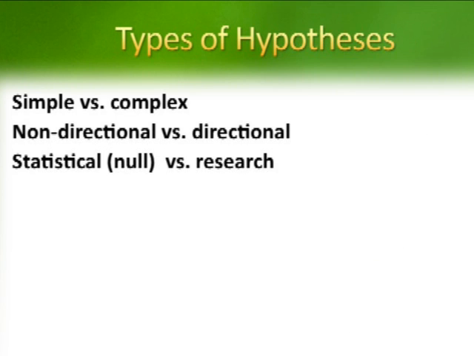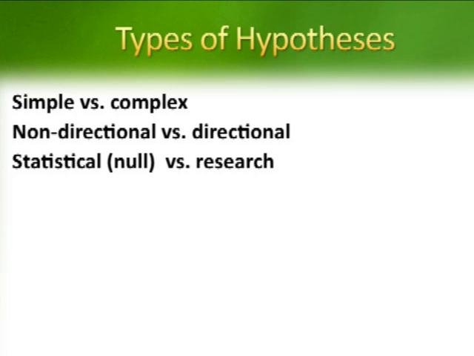Now, there are several different types of hypotheses. There's simple versus complex, non-directional versus directional, causal versus associative, and statistical or the null versus research. We're going to focus on the first two. The statistical versus the research we're going to address when we get to the lectures on statistics. Now, a simple hypothesis states the relationship between two variables, such as smoking is related to lung cancer.